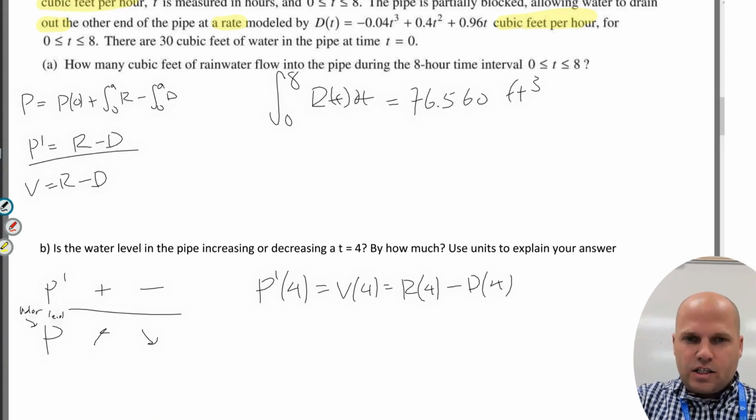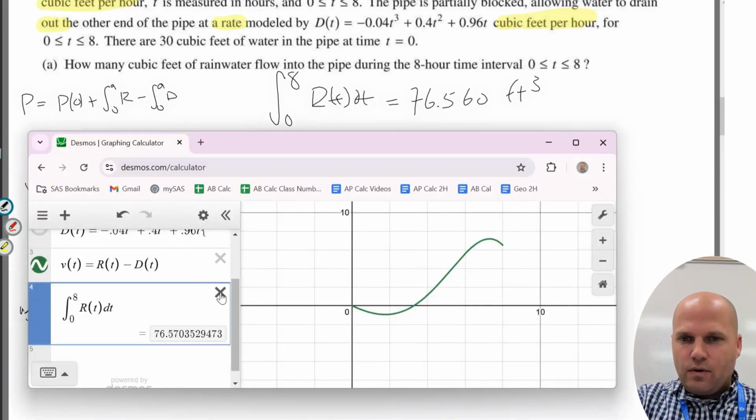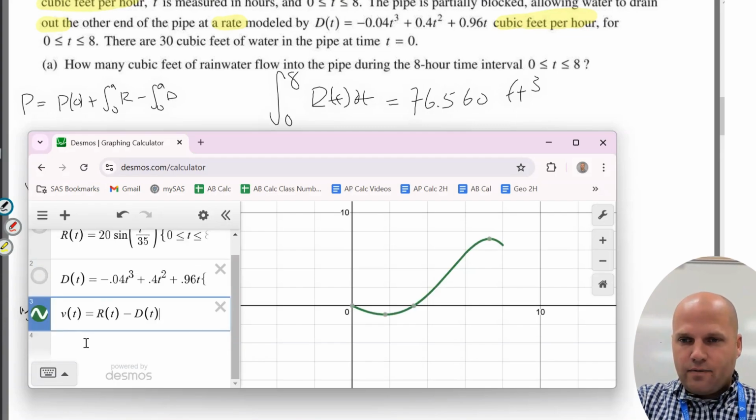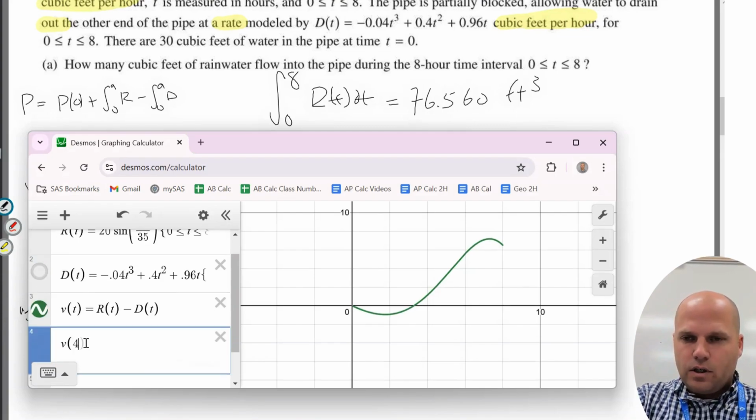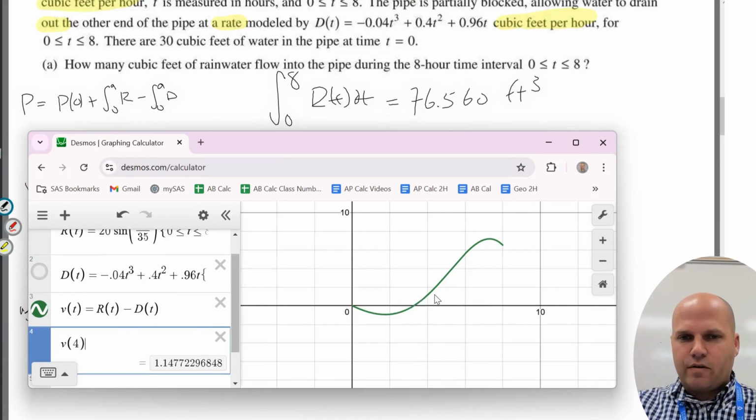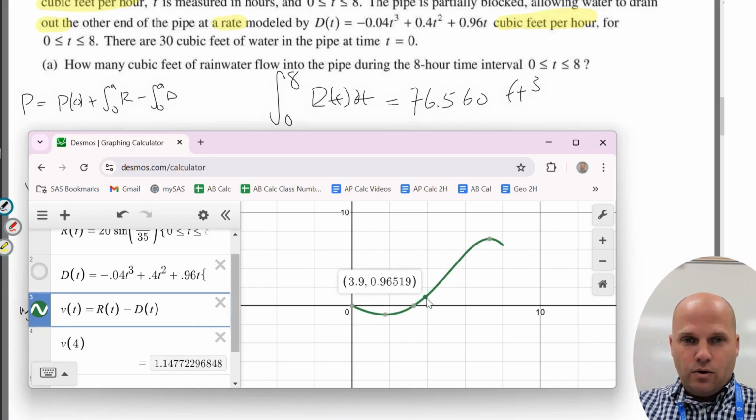Now, it's very easy to do this if you already have V graphed. You just say, what's V of 4? I'm not going to look at V prime. V is the derivative. V is the derivative of the position. You can look at the value at 4. You know the units are cubic feet per hour.